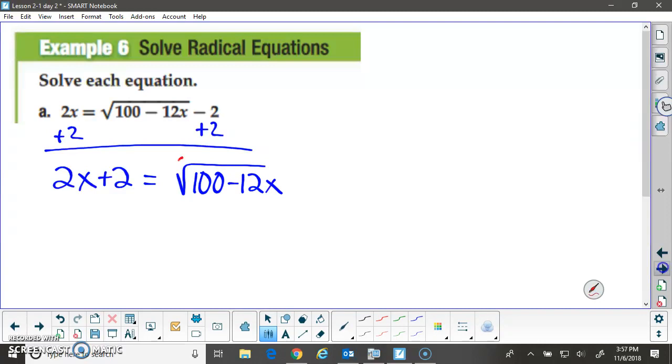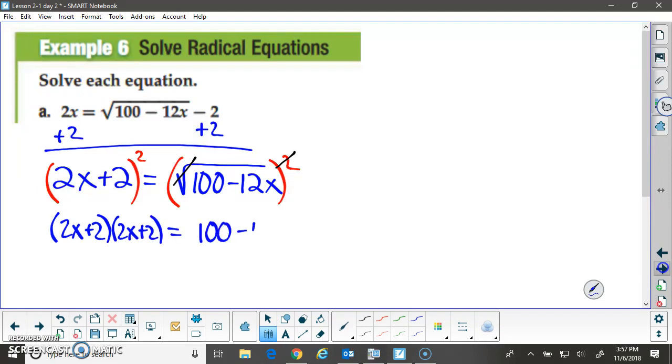Then we square both sides, and in squaring both sides, we're going to cancel off the square root with the square on the right-hand side. It's the left-hand side that a lot of people make errors on. If you take 2x plus 2 and multiply it with itself, that should equal 100 minus 12x.